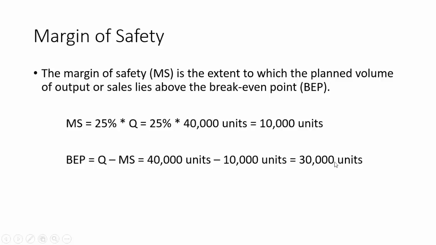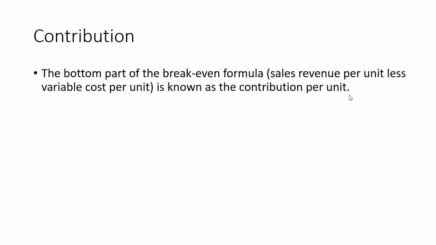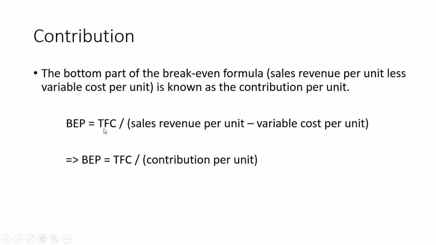And from the information we already know the total fixed cost, and we know that break-even point is equal to total fixed cost divided by the sales revenue per unit minus variable cost per unit. And by definition, sales revenue per unit minus variable cost per unit is the contribution per unit.